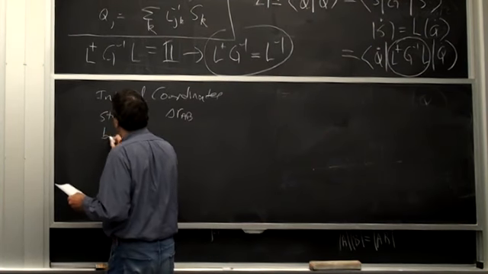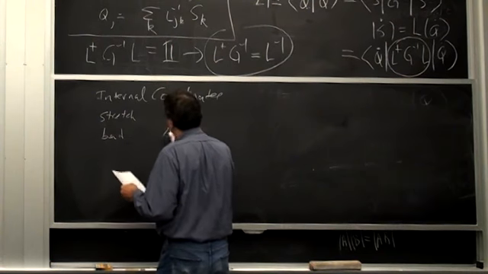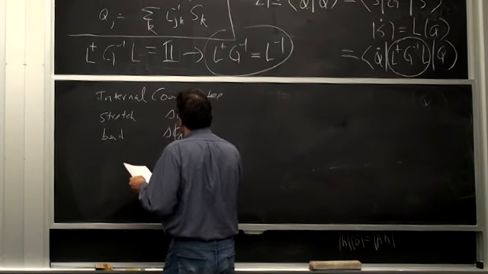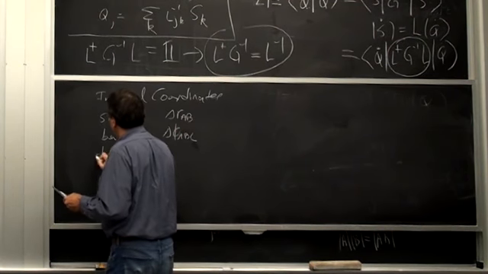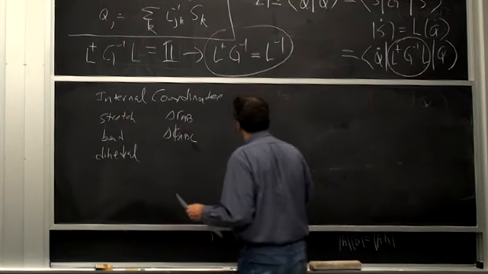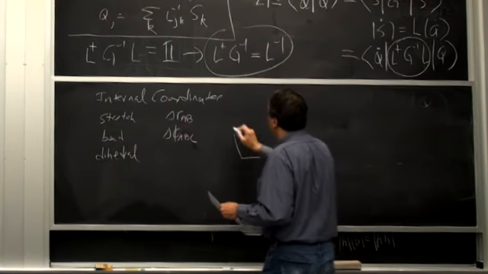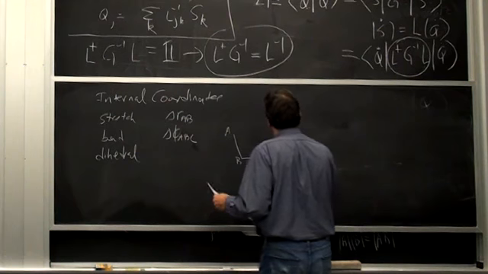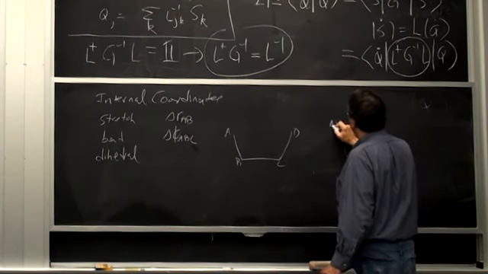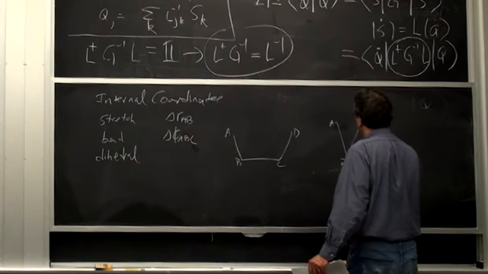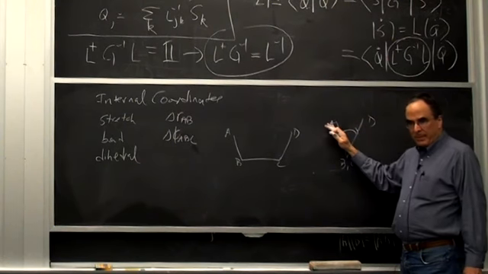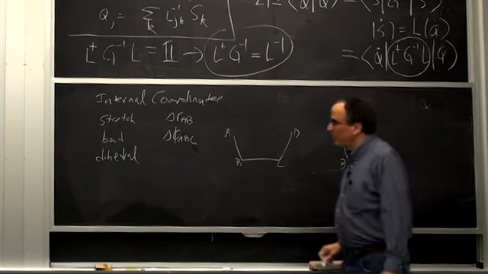We have bends. We have dihedral angles. Suppose you had something that looked like this, A, B, C, D, and now you look at it end on, A, B, B, C. It's the angle between the two planes, and that's generally called tau.